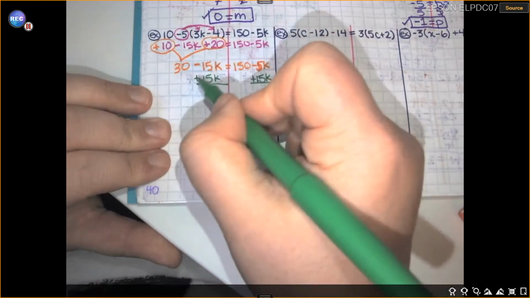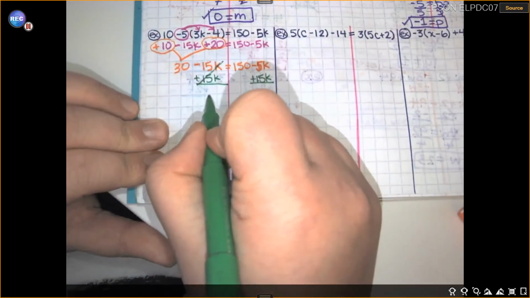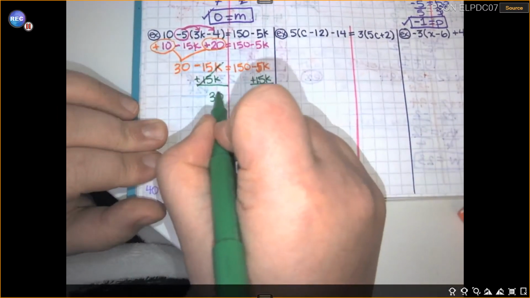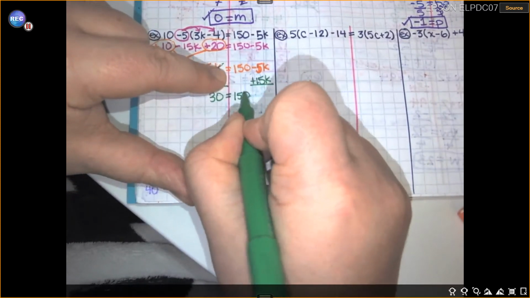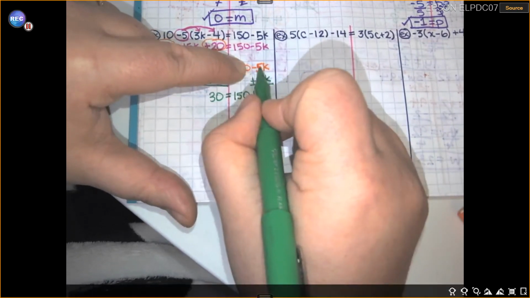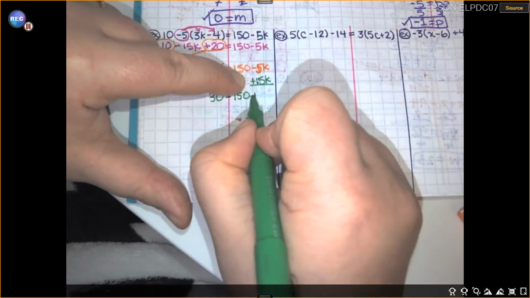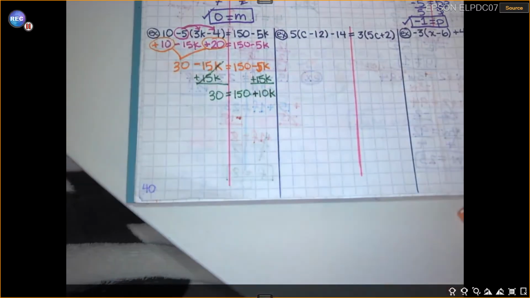This, boom, goes away. That's the whole point. I'm left with just 30 equals, and then the 150 stays the same, but then again, use a calculator if necessary. Negative 5 plus 15 is positive 10, and then k, because they're k's.